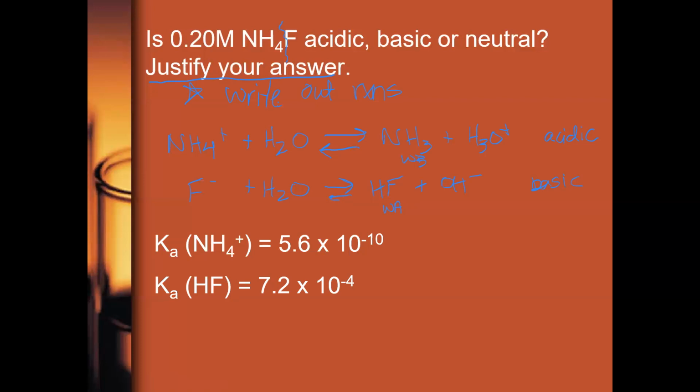We need the Kb for the anion. So remember, do 1.0 times 10 to the negative 14th divided by this Ka, and we get that this has a Kb equal to 1.4 times 10 to the negative 11th. Comparing Ka and Kb, Ka is greater because it is to the negative 10th. So this is going to end up being an acidic solution because the Ka is the higher value.